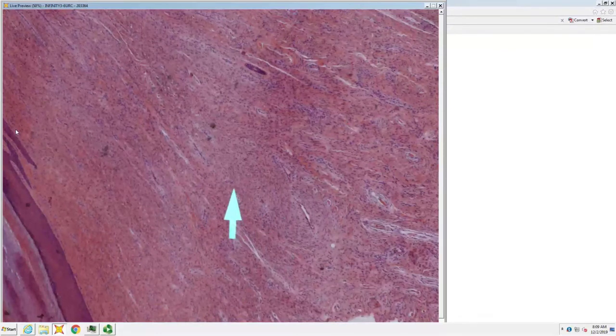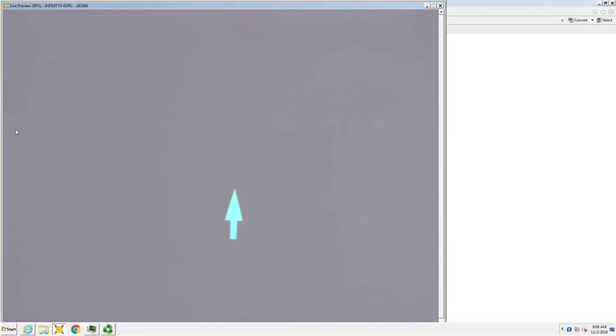So what would you call this? Superficial acral fibromyxoma, exactly, or digital fibromyxoma. So it's just very descriptive for exactly what it looks like.